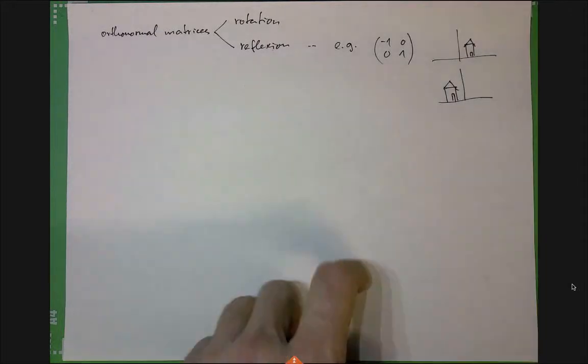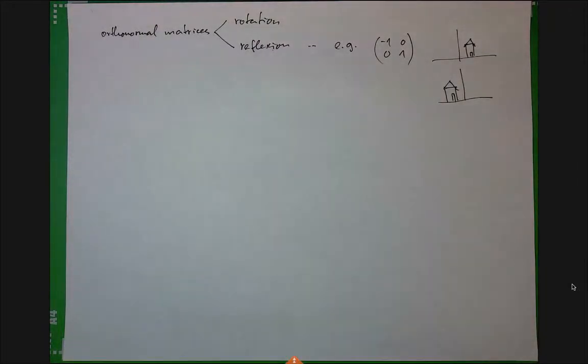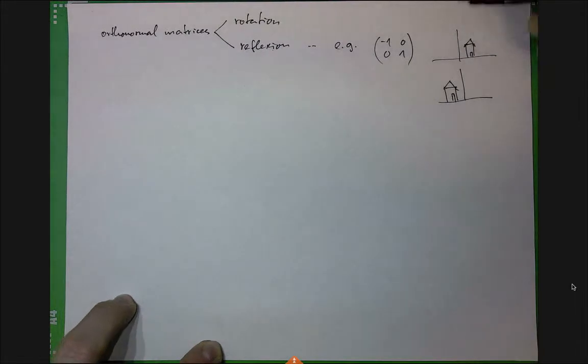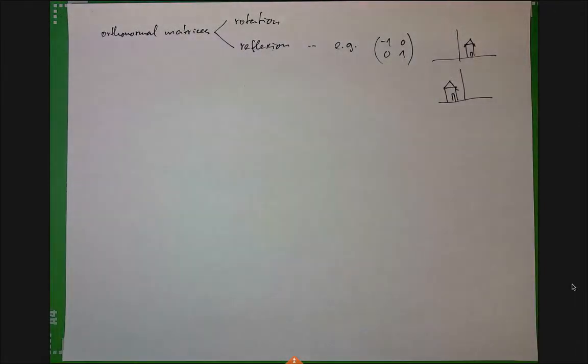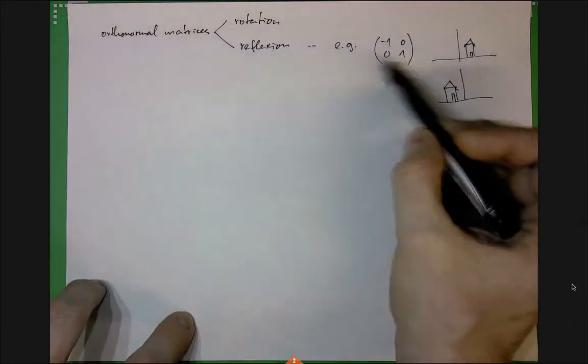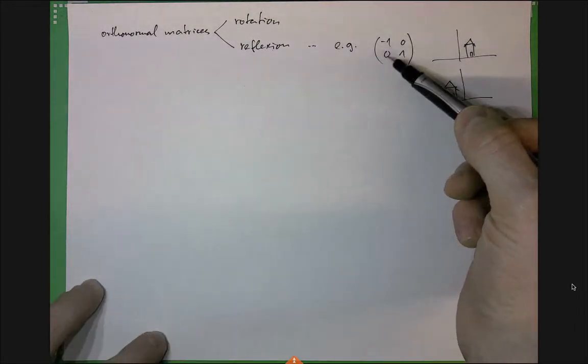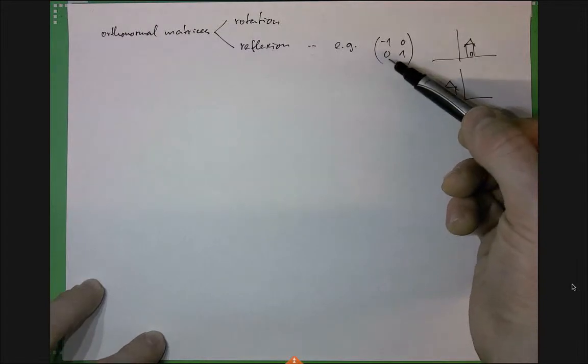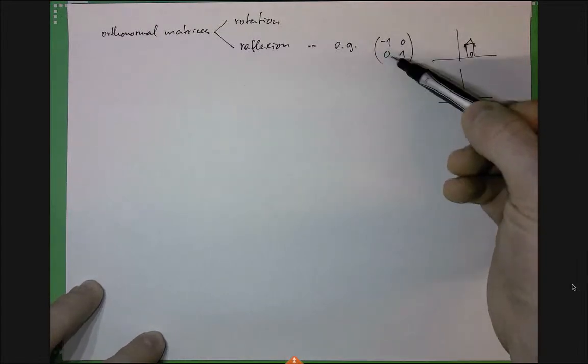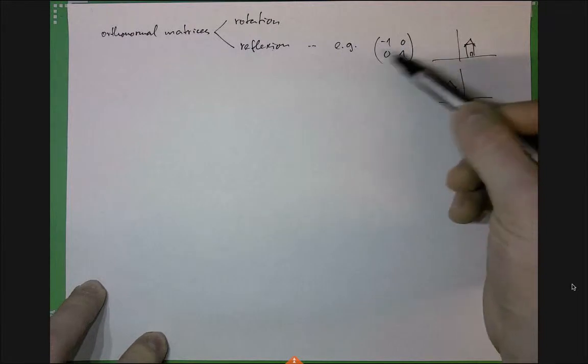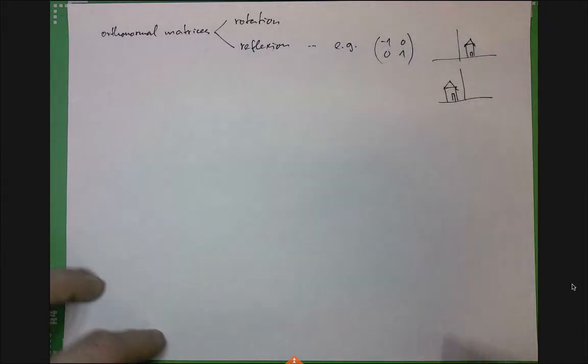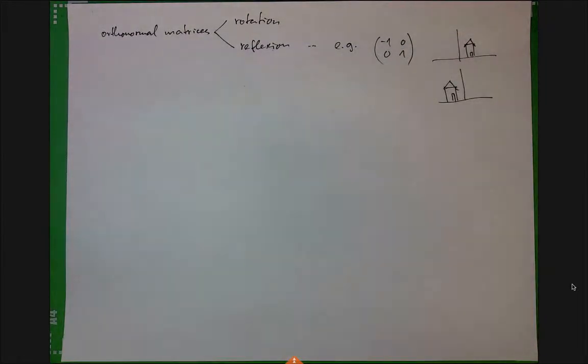It's like a mirror image, as if the y-axis was a mirror and this is mirrored around the y-axis. You can immediately see that it is orthonormal: the length of the first column is 1, the length of the second column is 1, and they are orthogonal. If you do the dot product, you get 0. But it's not a rotation, it's a reflection.